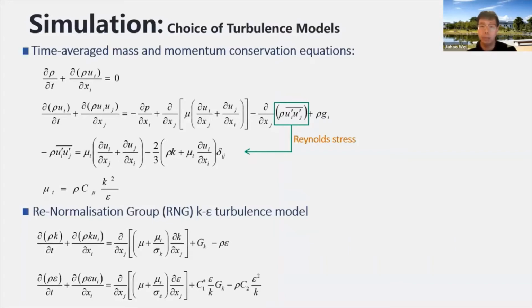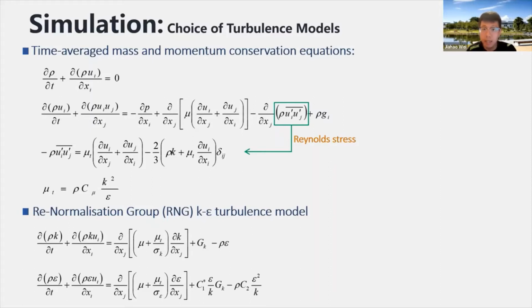Then it's the simulation part. The time-averaged mass and momentum conservation equations can be written respectively like this. As we know, the Reynolds-averaged Navier-Stokes equations can always be closed by the principal turbulence models, such as the standard k-epsilon model and the relatively improved models called renormalization group (RNG) and realizable k-epsilon models in popular CFD.